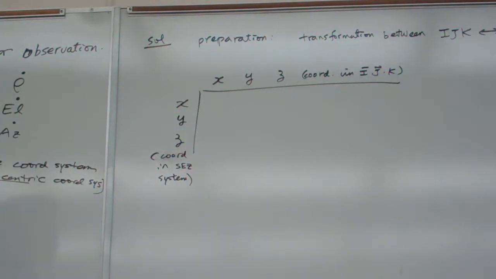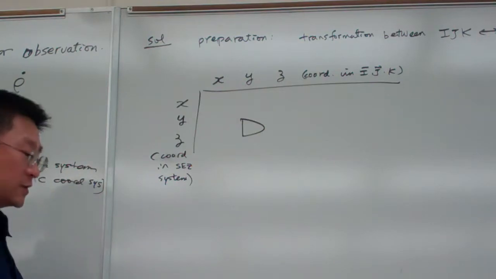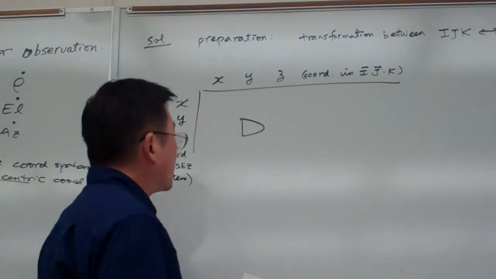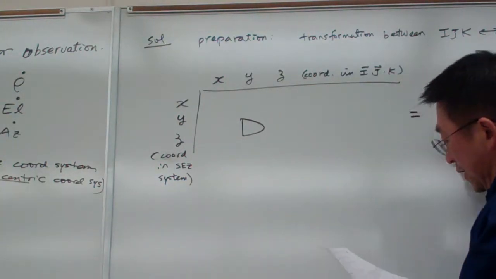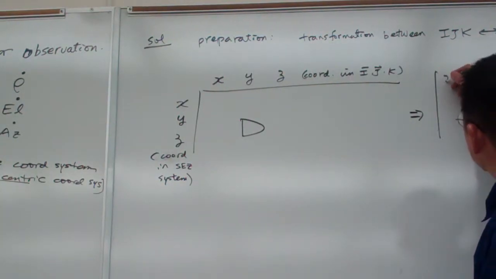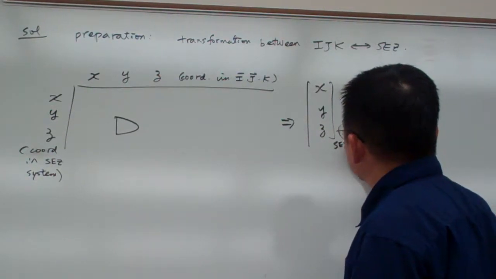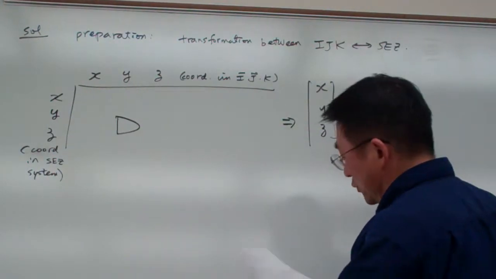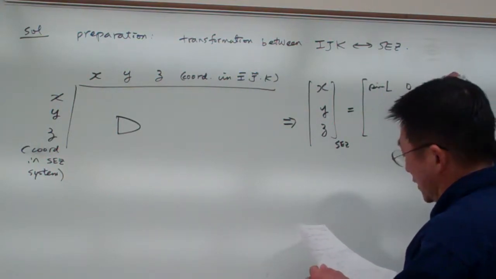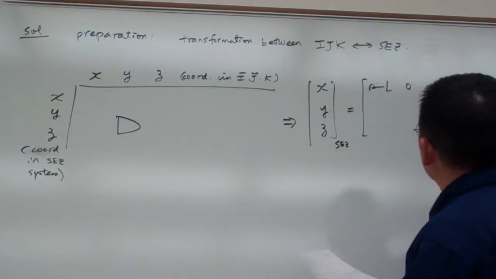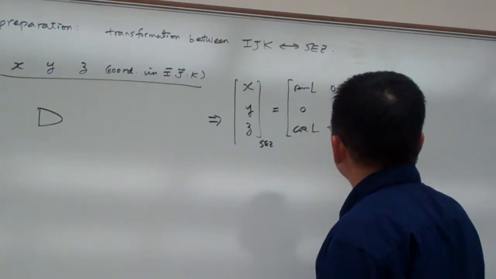We have seen this before, and that is the D matrix, which is in our textbook. Let me rewrite it again. This one is x, y, z in the SEZ coordinate system, and that will be equal to the matrix: sine L, 0, minus cosine L, 0, 1, 0, cosine L, 0, sine L.